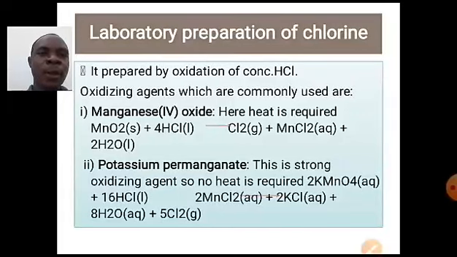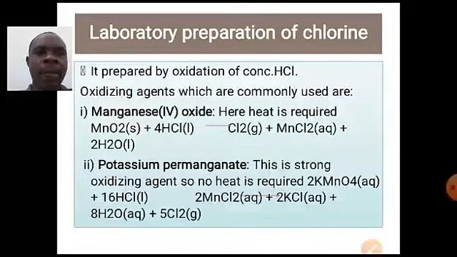Let's see the preparation of chlorine. Chlorine is prepared by oxidation of concentrated hydrochloric acid.